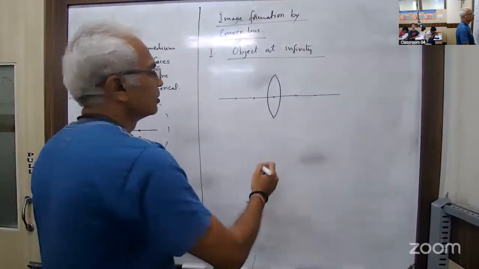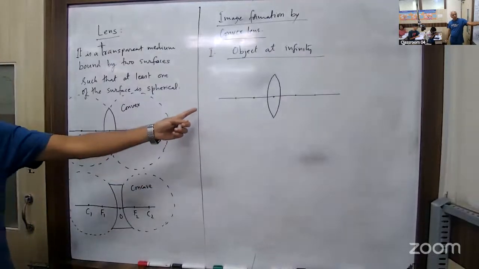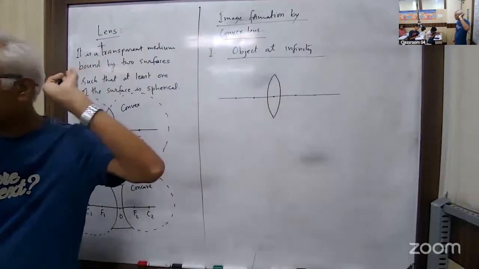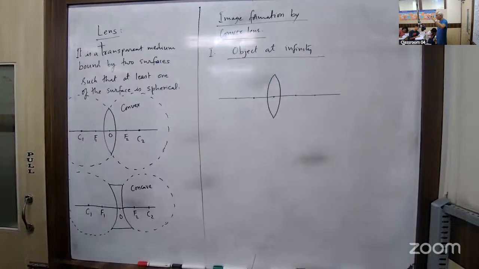So you will have a convex lens and you will mark 1, 2, 3, 4, 5 points. And do not label it. First complete the ray diagram, then label it.